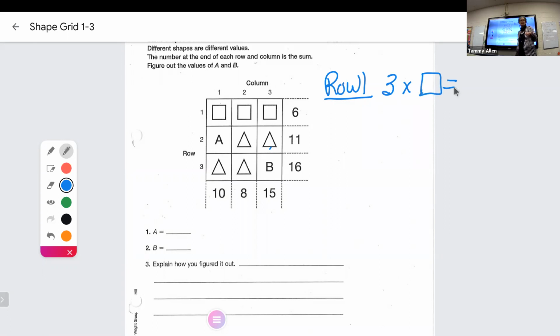Equals 6. So we have an equation that we're working there. And in this case, we have an equation we can use. So when we have equations we can use, that can help us narrow things down much quicker than just using guess and check. Does that make sense? Okay? So either way, whatever we use, we have to record it. Does that make sense?